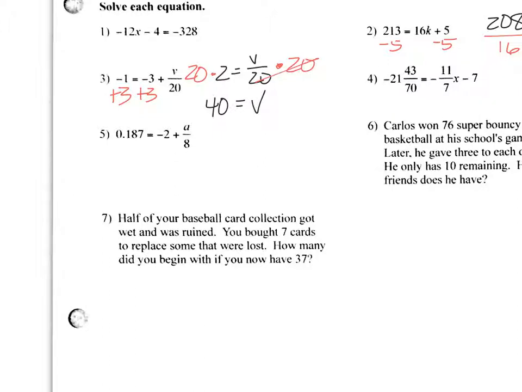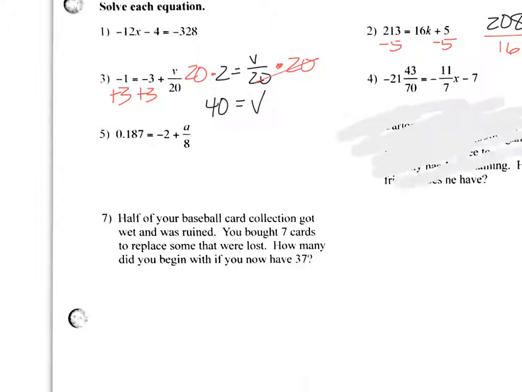Alright, problem number 4. So one of the things I'm going to do here is try to color over or erase, for lack of a better word, problem number 6 here. Make it bigger, okay. And I can use this space, and then I'll go back and clear that out.